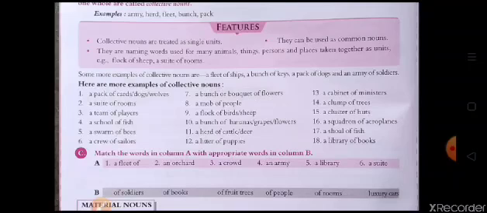Here are more examples of collective nouns, as given in your book: a pack of cards, dogs and wolves, a suit of rooms, a team of players, a school of fish, a swarm of bees, a crew of sailors, a bouquet of flowers, a mob of people, a flock of birds or sheep, a bunch of bananas or grapes or flowers, a herd of cattle or deer, a litter of puppies, a cabinet of ministers, a clump of trees, a cluster of herds, a squadron of aeroplanes, a shoal of fish, a library of books.